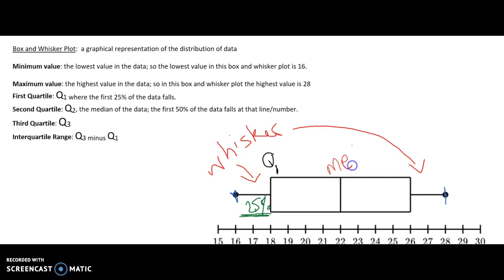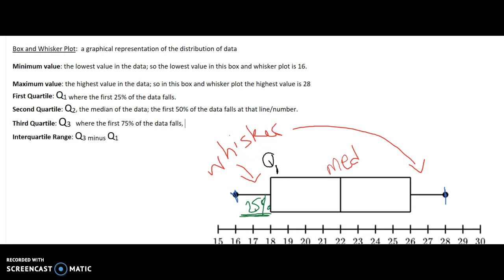So I'm going to write median. And from 16 to 22, that would be where 50% of the data falls. And if you can guess it, the third quartile is where the first 75% of the data falls.